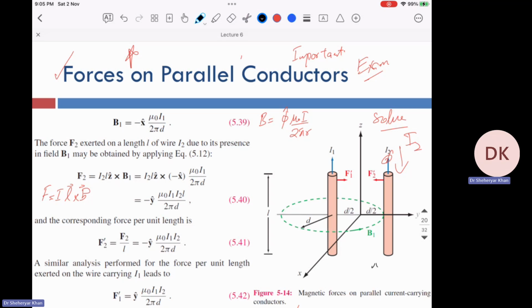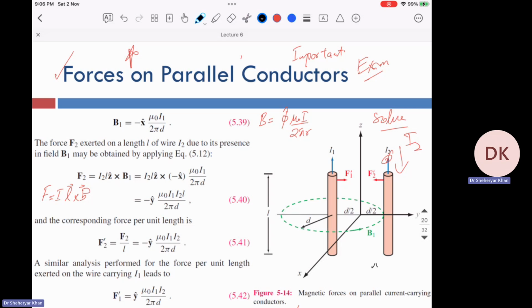You have to practice it many, many times to understand that this B is due to this conductor. This is the primary conductor, it's producing the magnetic field. So if you want to compute force on conductor I2, right? You use the current of I2 and use the field of the primary source. As I mentioned, this question is very important. Don't ignore it.